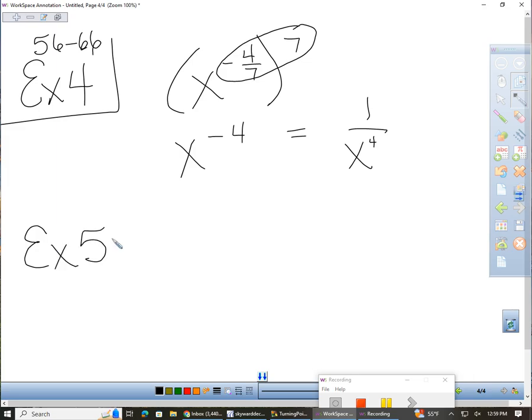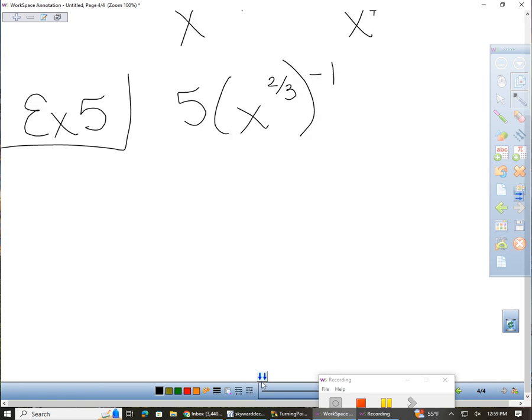Example number 5. Let's do 5 times x to the 2/3 raised to the negative 1. An exponent raised to an exponent, what are we going to do? Multiply them.